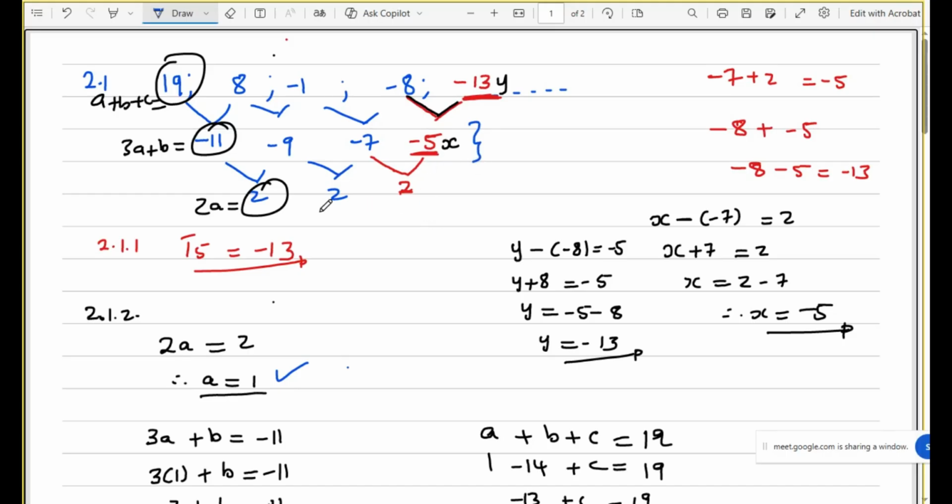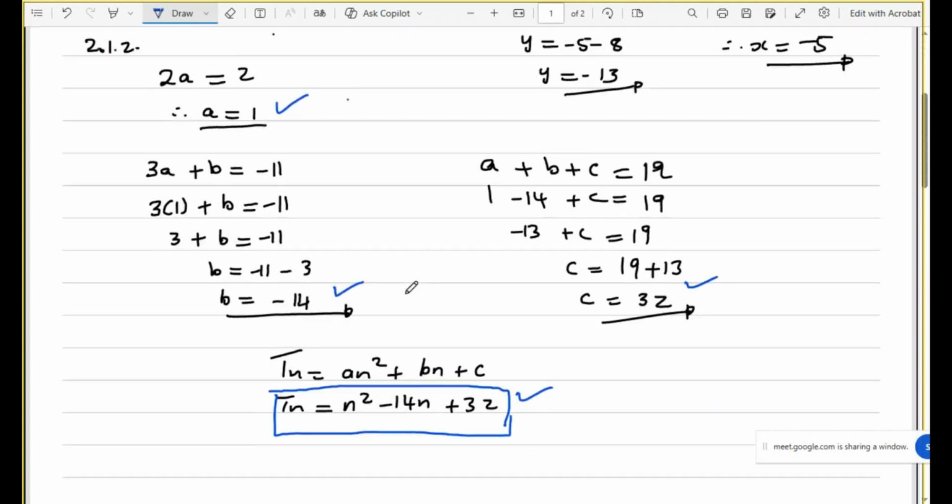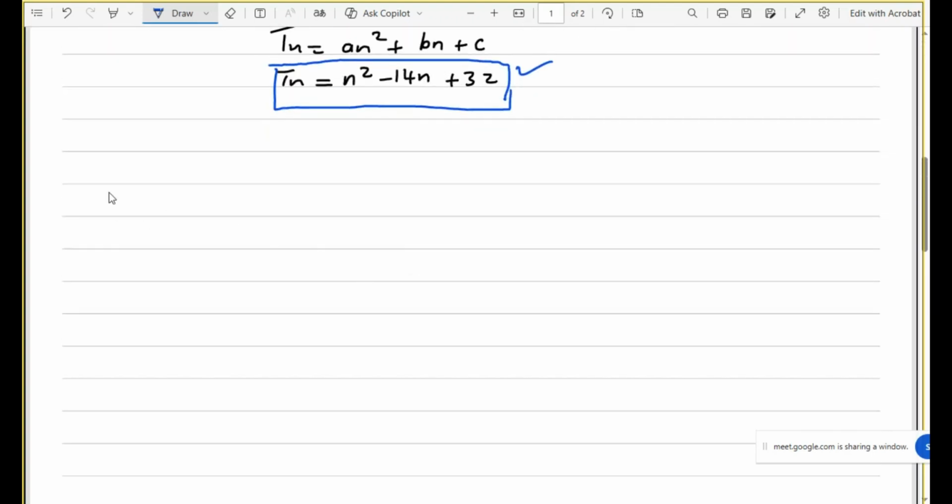So this is minus 11, minus 9, minus 7, minus 5. So on 2.1.3, this is minus 11, which is the first difference, minus 9, minus 7, and so on. So now the difference between these is 2. So what is the general term? What is Tn?